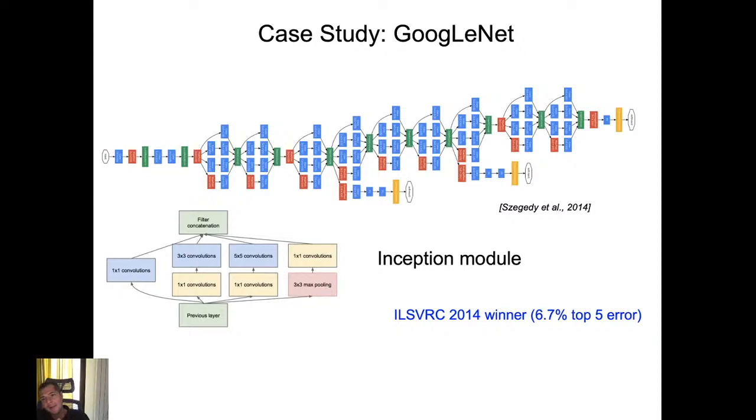They said, okay, why fix the spatial support of the filters, and instead of fixing the path in the network, they proposed an inception model that has alternative pathways.